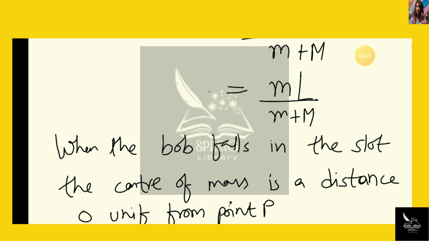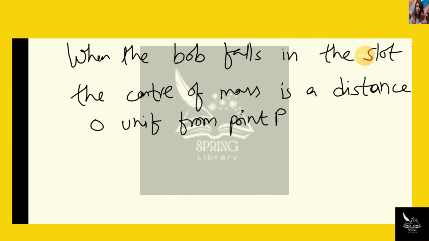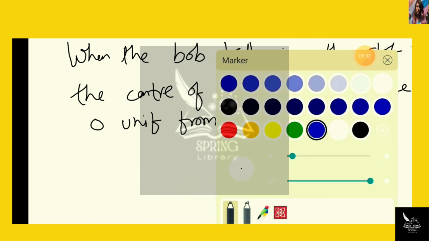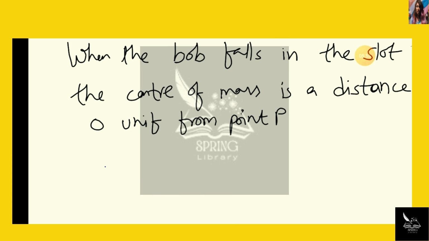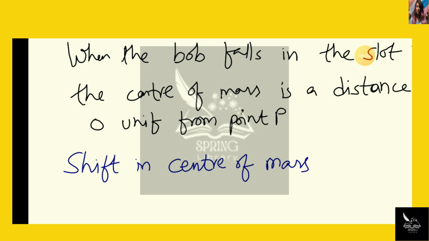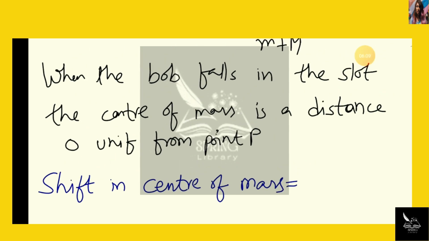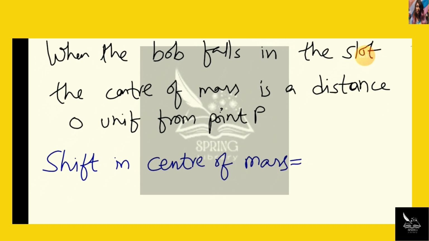After getting this information, I can say that the shift in center of mass will be written as the final condition minus the initial condition. The final condition, after the bob falls in the slot, is 0.